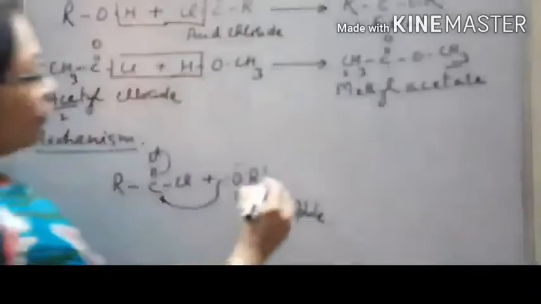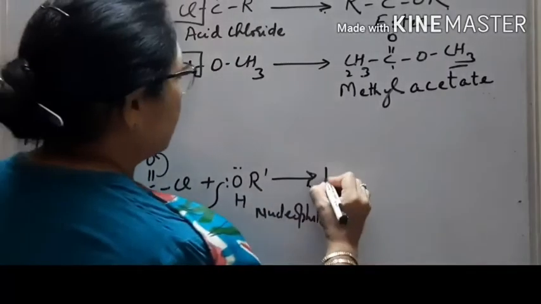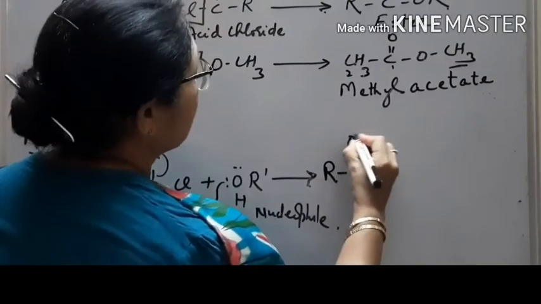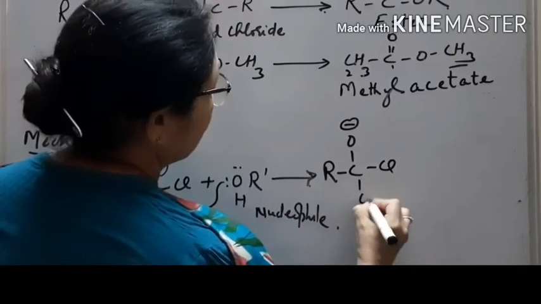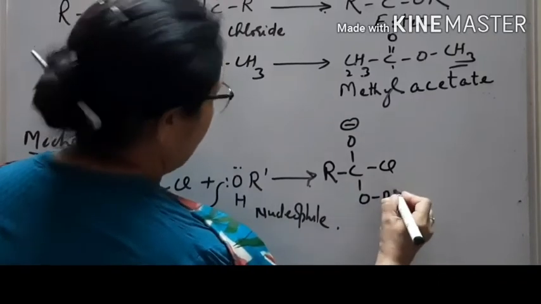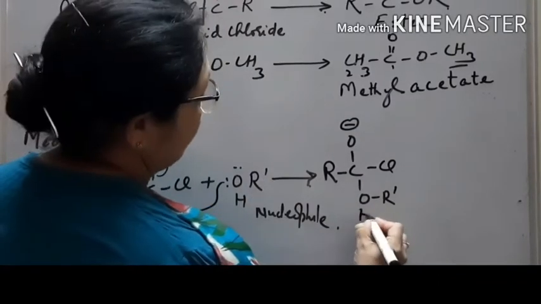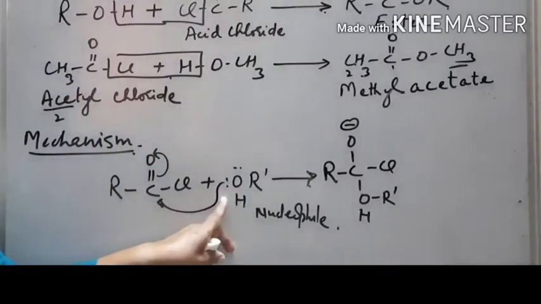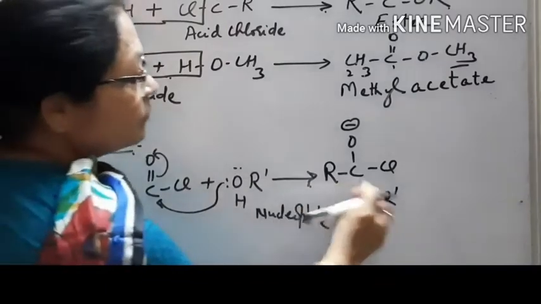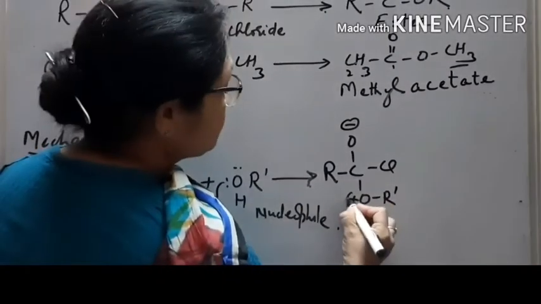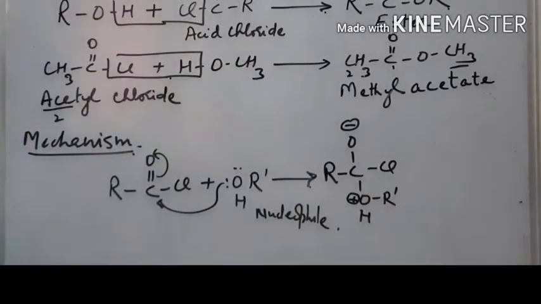Carbon will not form more than 4 bonds. R, C, O negative, then Cl, then O, R dash and H. Oxygen uses its lone pair of electrons for formation of bond with this. Oxygen has formed 3 bonds, so has positive charge over there, right?